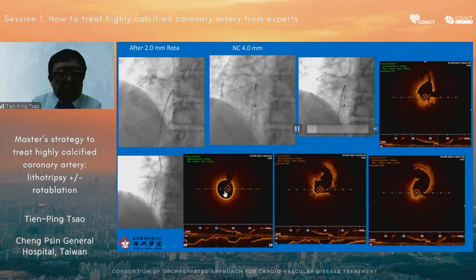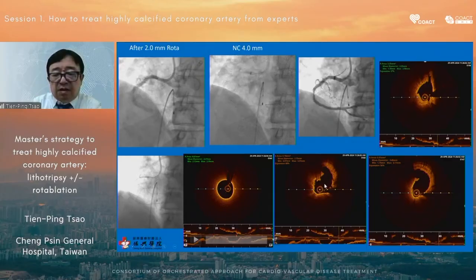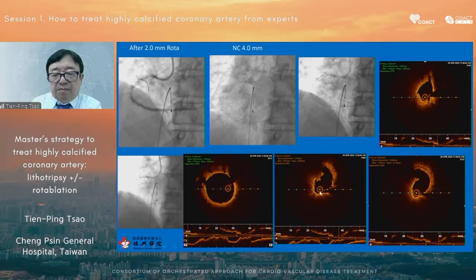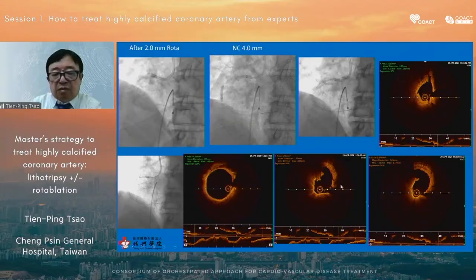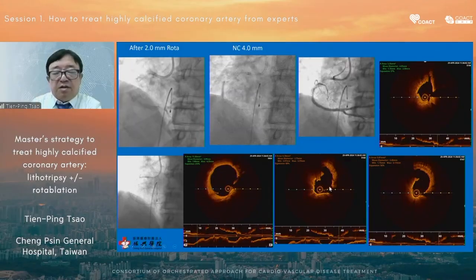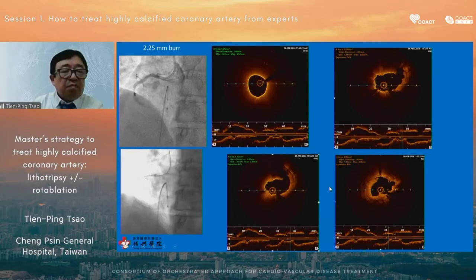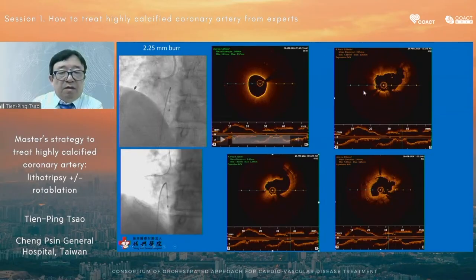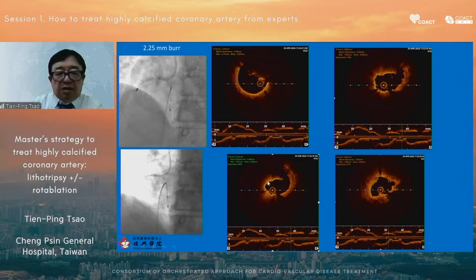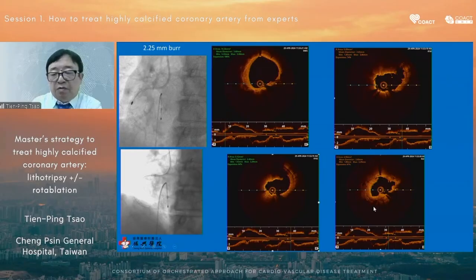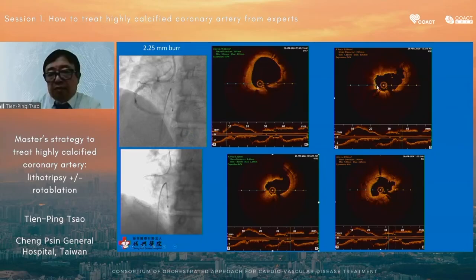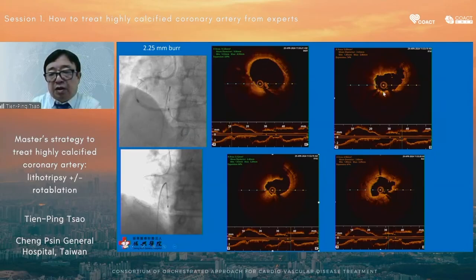And then we do the OCT. We can see that we created some lumen by the 2.0 burr, but there's quite a lot of tissue still in the stent. Therefore, we use 2.25, and then we can see the lumen is further bigger. We believe we also ablated some part of the stent strut.